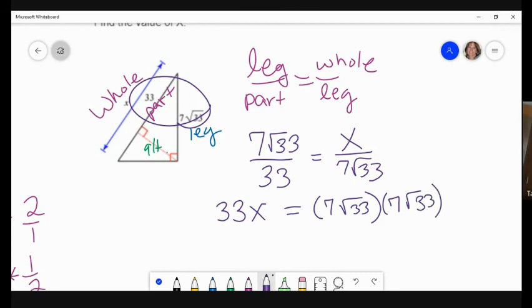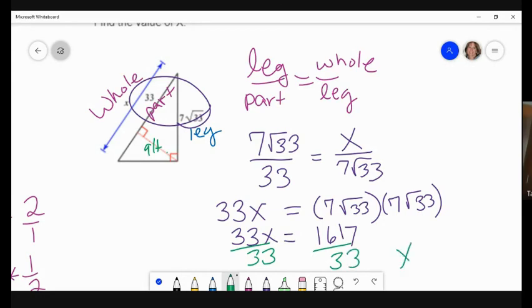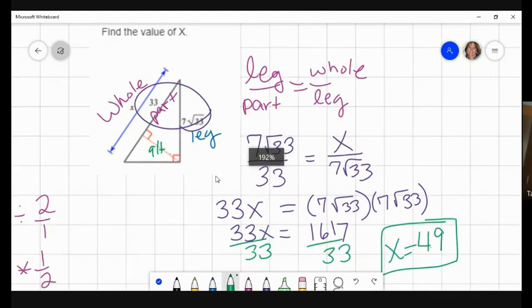It's actually going to be 49 times 33, and then divide by 33. And you should get x equals 49. That work?